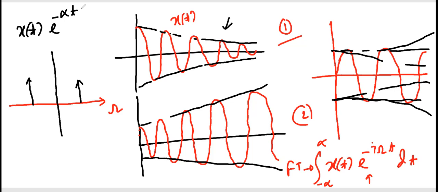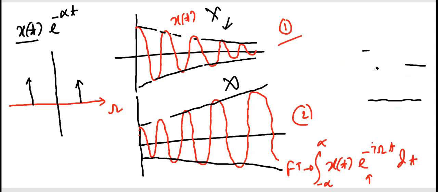What we have done previously, your signal maybe looks like x(t), it was a sinusoidal signal. Try to understand this part. What is x(t)? Now forget about this and forget about this. Let me erase this part.